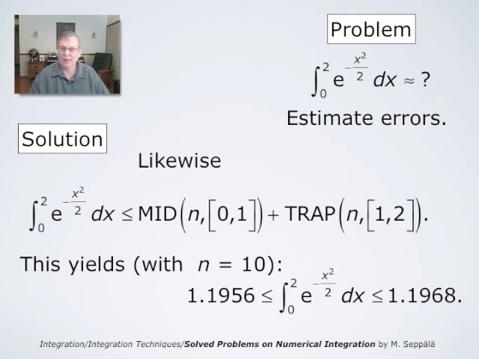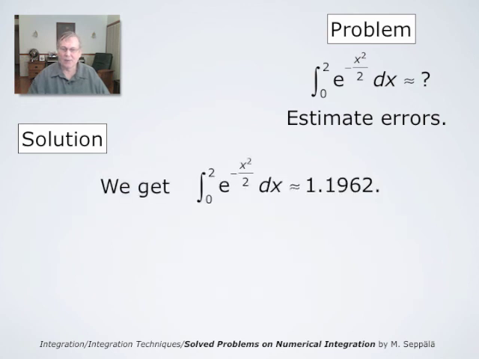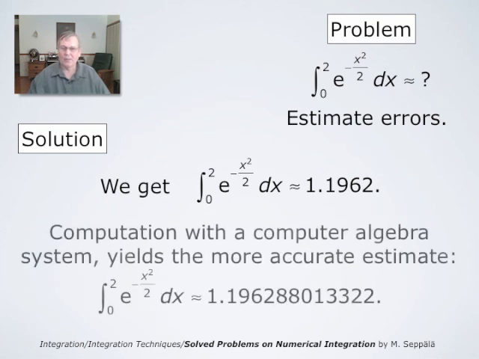1.1956 is less than or equal to the integral from 0 to 2 of e to the negative x squared over 2 dx, and this is less than or equal to 1.1968. So the approximation is that this is approximately 1.1962, and computation with a computer algebra system yields an even more accurate estimate, but it shows that what we got using midpoint and trapezoidal estimates is already pretty good, 1.1962.